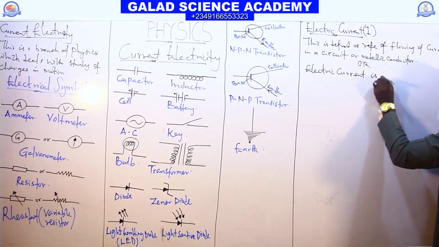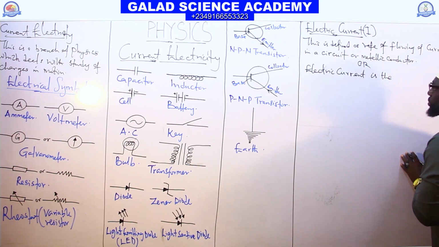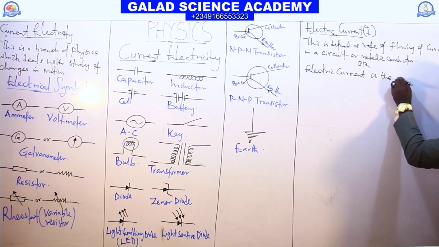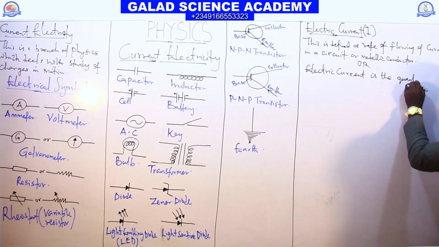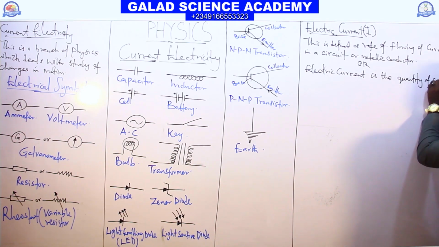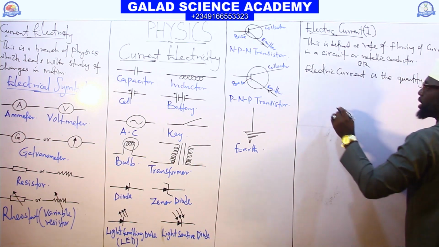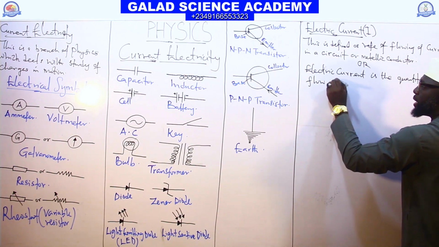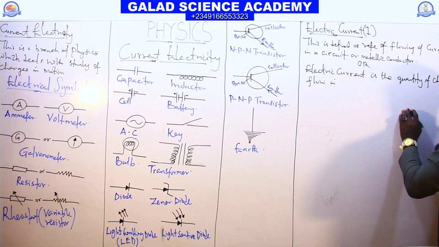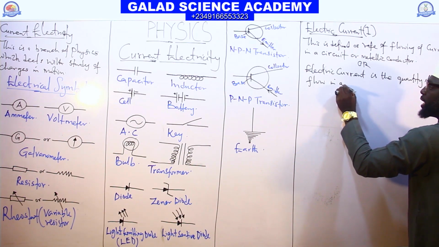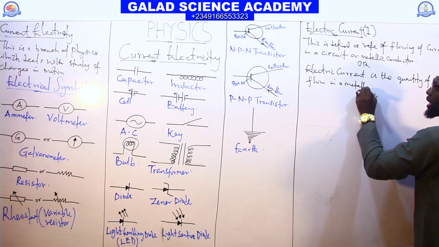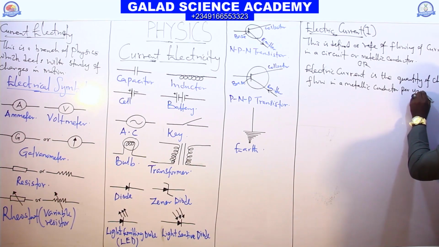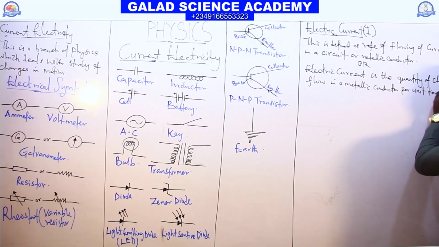Current is the quantity of charge flow in a metallic conductor per unit time.